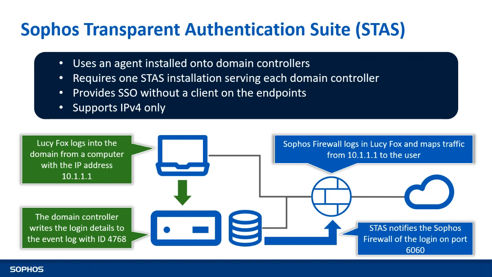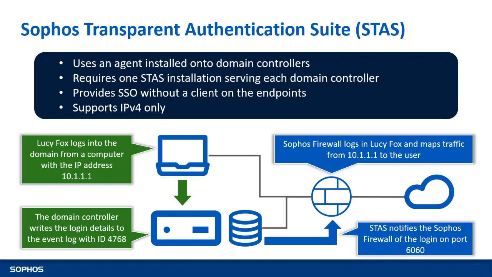As STAS is monitoring the event logs, you need to ensure that successful logon events are being audited in the local security policy. The STAS notifies the firewall of the login and supplies the details recorded from the event log, and this is done on port 6060.